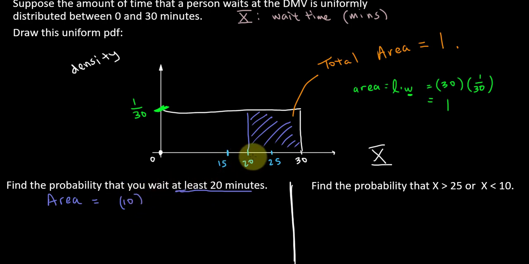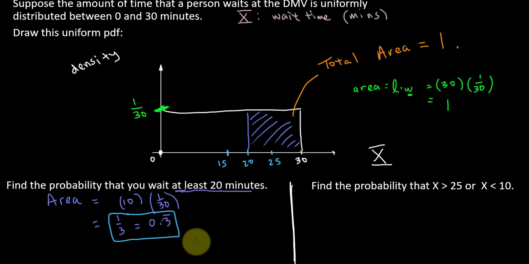And the height of this rectangle, well, it's always going to have the same height, so that's 1 over 30. So our area here is 10 over 30, which is 1/3. Or if you prefer a decimal, 0.3333333. And that's our solution. So there is a 33% or a 1/3 chance that you would wait at least 20 minutes at the old DMV.